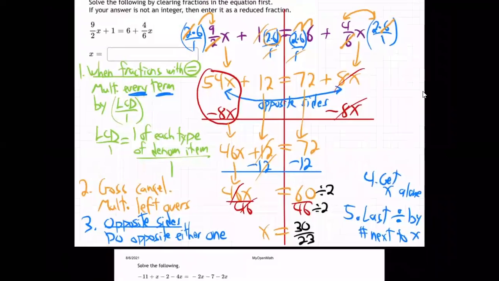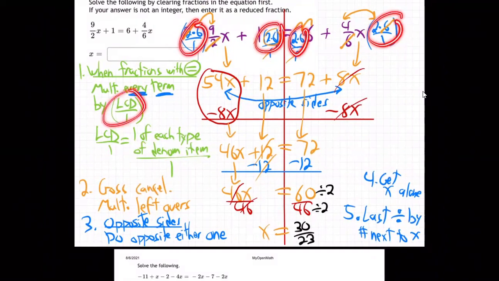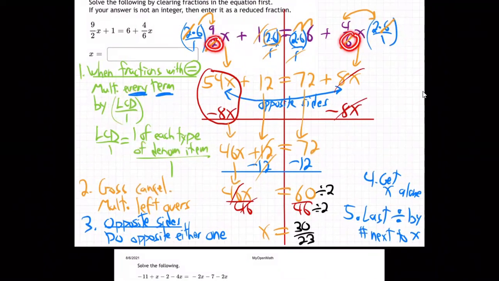And that's our answer. So let's recap real quick. When you have fractions with an equal sign, you multiply through by the LCD over 1. The LCD, you take every denominator piece and put it over 1 and multiply that by all the terms left and right. With an equal sign, all of our thinking is left and right.